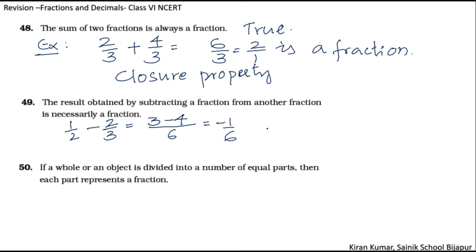The set of fractions is not closed for subtraction. The reason is negative numbers are not fractions. A fraction will always be a positive number. So here we are getting a negative number, so it's not closed under subtraction.